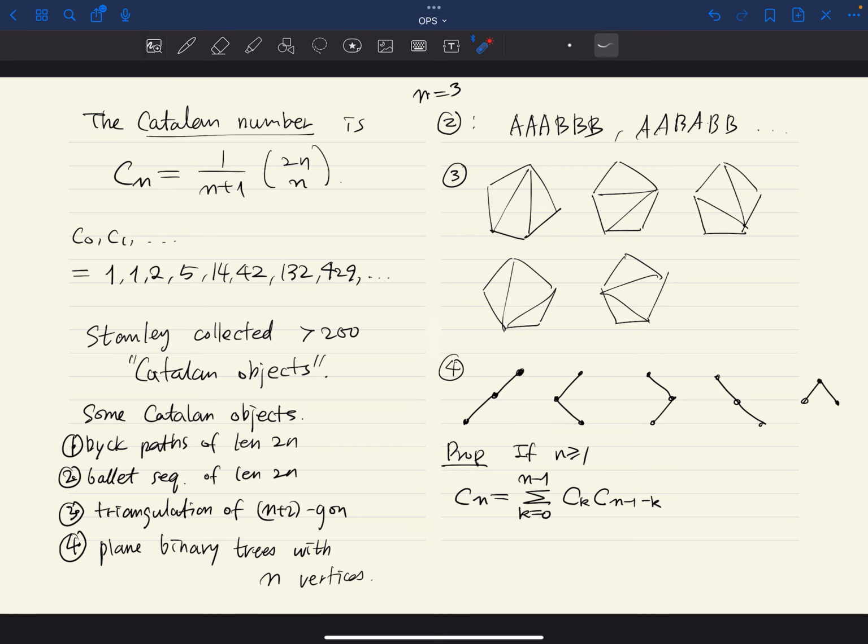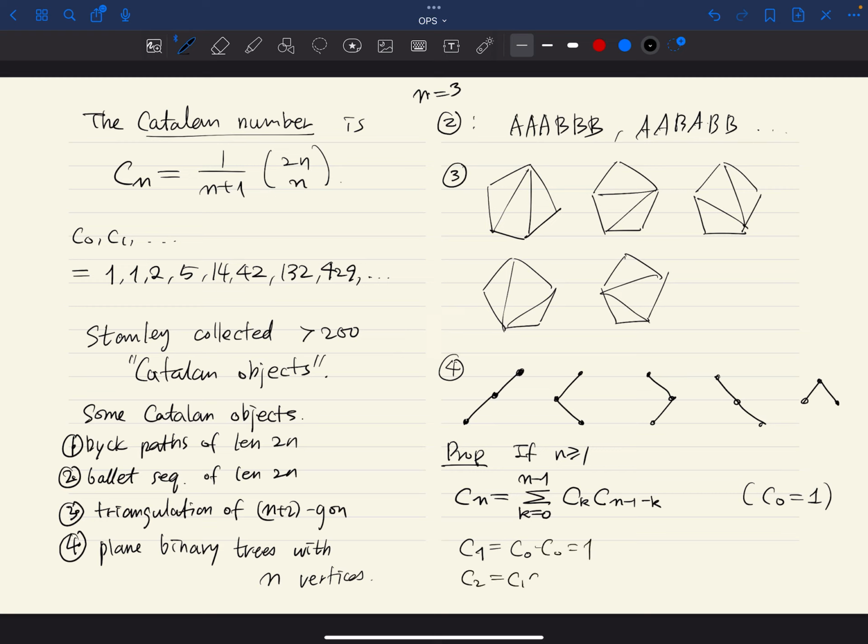So using only this recurrence and the initial condition C0 equals 1, you can compute all the Catalan numbers, right? Because C1 is C0 times C0, so it's 1.